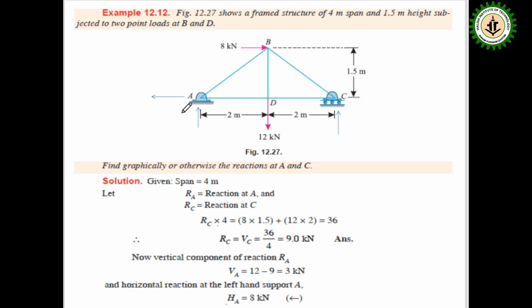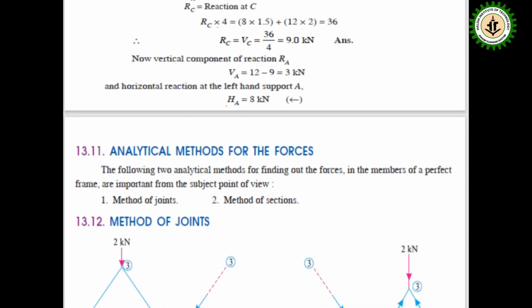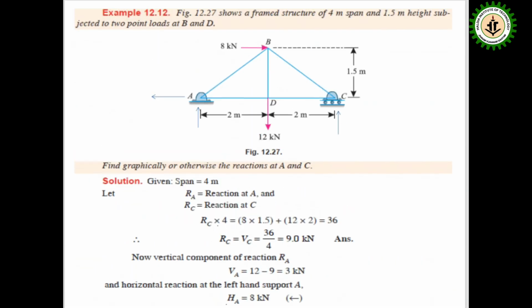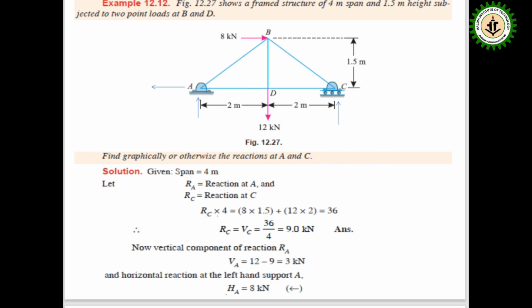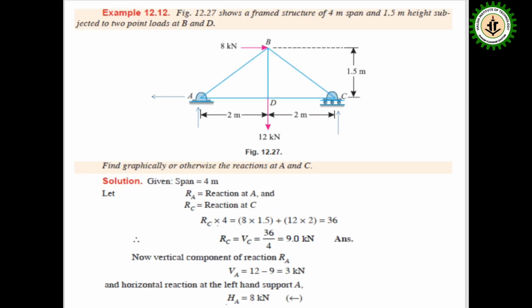As we discussed earlier, the support at point A is called a hinge support, and the support at point C is called a roller support. So we'll start the solution. First we can apply the method of joint to analyze. First of all we have to find out the reaction force.